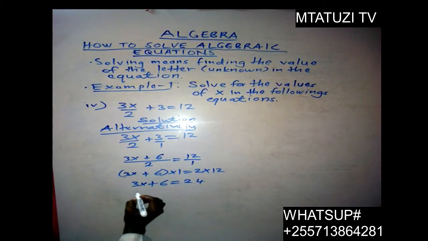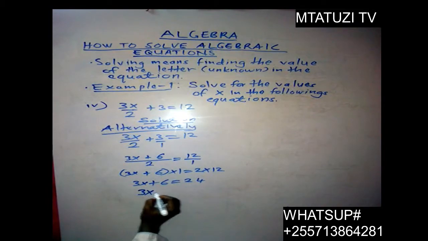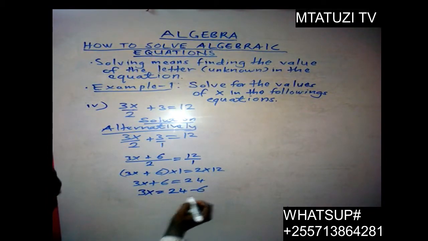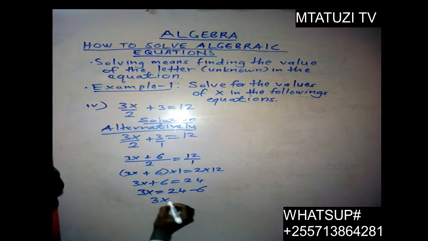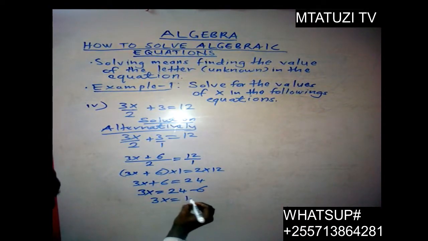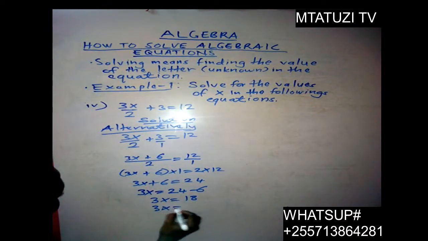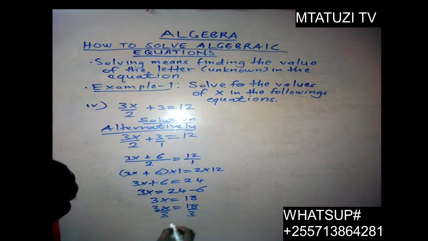So therefore 3x is equal to 24 minus 6, you get 18. So in order to get the value of x, we have to divide by 3 on both sides.